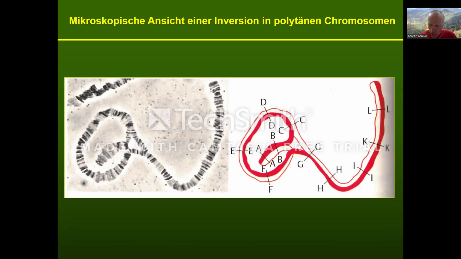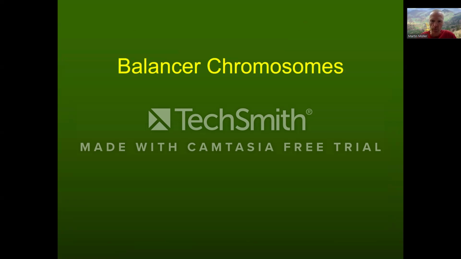And I have prepared some slides which should lead you to why balancer chromosomes are such an important tool in fly genetics. Balancer chromosomes, very important. You should understand these couple of slides to understand how balancer chromosomes work.